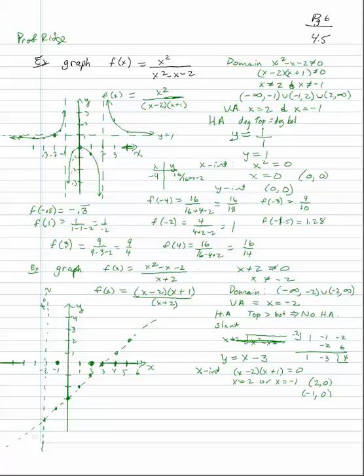And for the y-intercept, we're going to let x equals 0. 0 minus 2 over 2, -2 over 2 is -1. So there's the y-intercept, 0, -1.